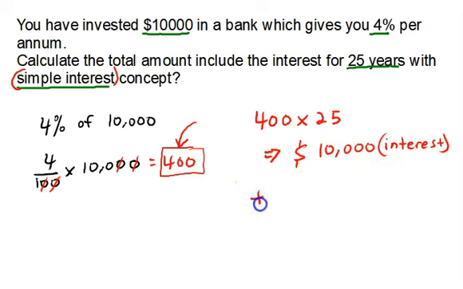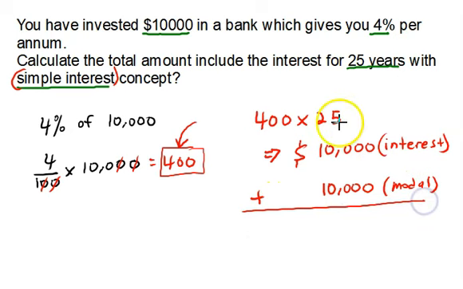So you can add it to your initial investment, which is 10,000. So this is your initial model or capital, and your total after 25 years you'll be getting about 20,000. Okay, so remember, this is simple interest.